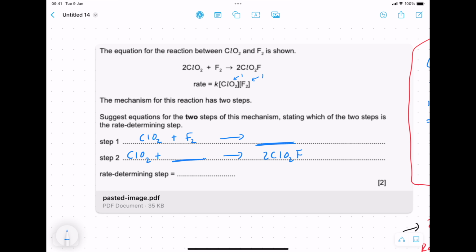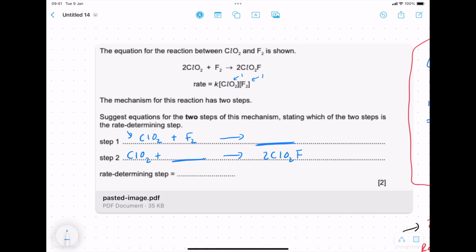So what I've got to do now is work out what that intermediate could be. Often intermediates will look quite strange compared to regular molecules. They may have a charge, they may be a radical, and that's okay as long as you put something sensible and the atoms balance to what is on the left-hand side of your step, you're fine. Anything goes really, because in order to identify it properly, you'd have to be given more information.